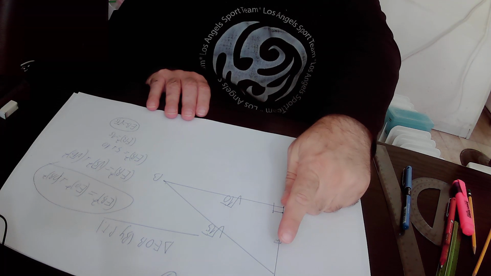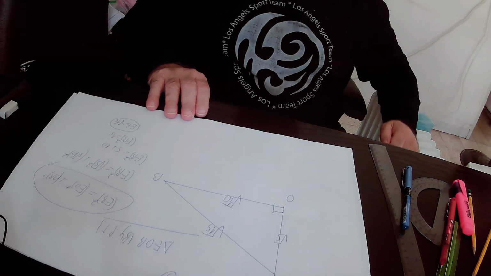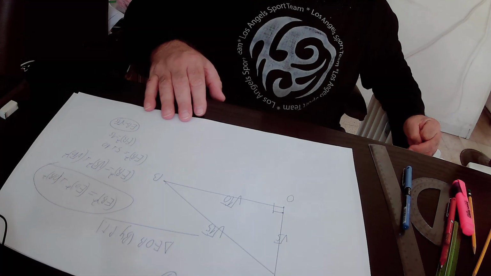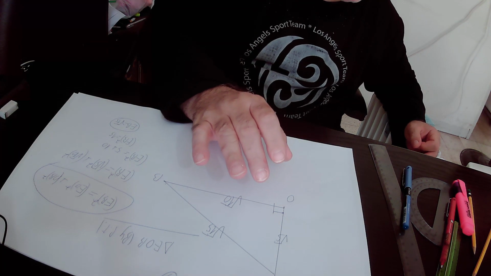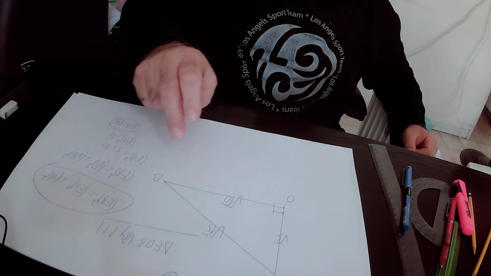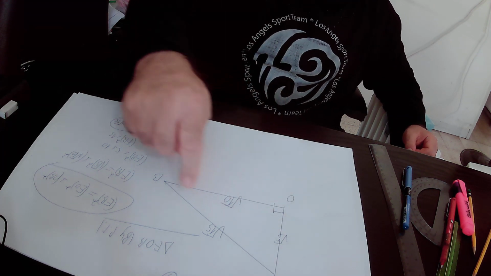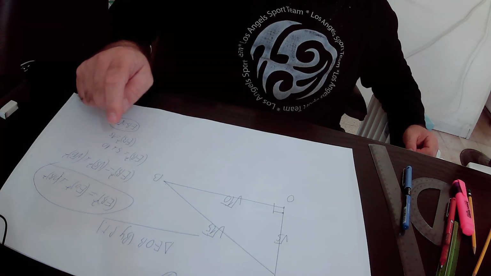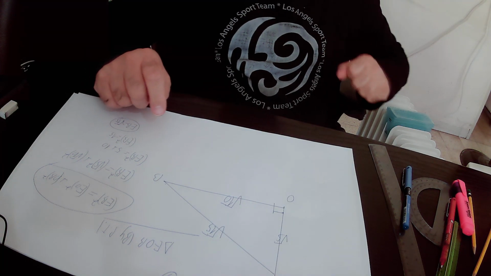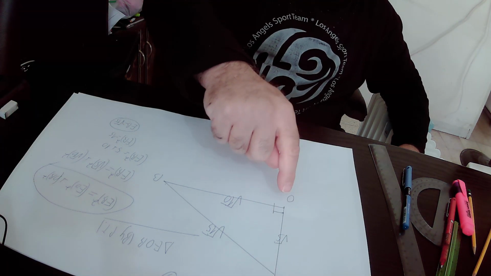The only missing side is the hypotenuse EB. So we implement the Pythagoras theorem in this right triangle. According to the Pythagoras theorem, the square of the hypotenuse equals the sum of the squares of the perpendiculars. The hypotenuse is EB, therefore the square of the hypotenuse is EB squared. And it must be equal to EO squared plus OB squared.